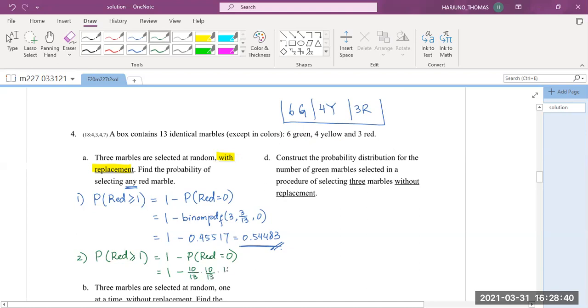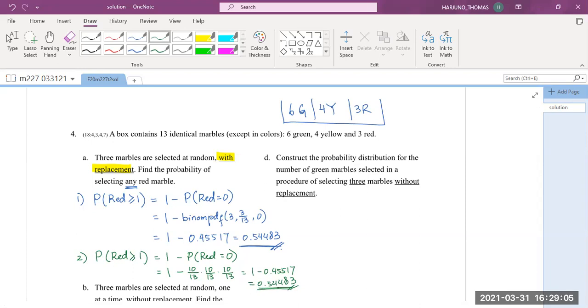What is the probability the third one is also not red? Now when you compute, you will get exactly the same number. So in this case, you happen to be able to do it manually using the second method.